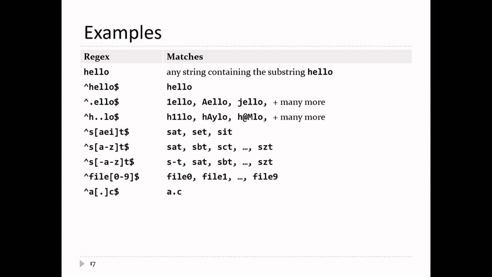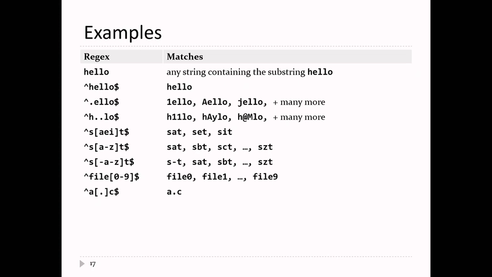All right, so let's look into some examples. The only way to learn this is to try to write some examples. Here's my regular expression: hello. That matches any string that contains the string hello. So if your string is hello goodbye, that matches the regular expression hello. This is what you want to write if you want to test for contains.